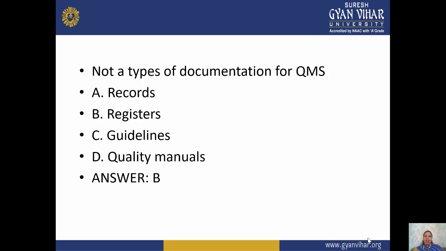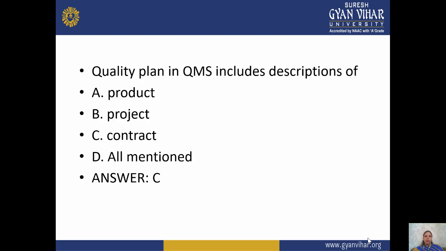The answer is B, registers are not a type of documentation of QMS. Now, quality plan in QMS includes description of product, project, contract, and all mentioned. So answer C is correct, that is, contract.